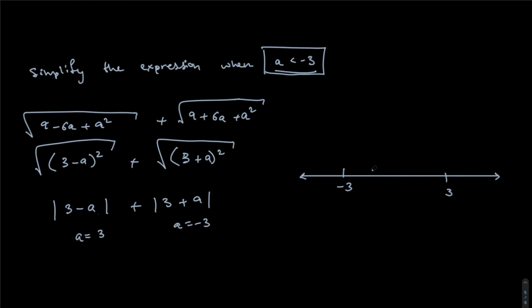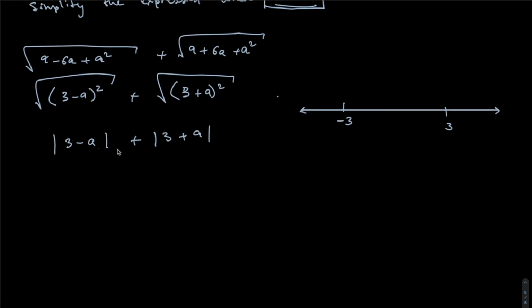Now, you can also rewrite this as a minus 3, because a minus 3 and 3 minus a are the same thing. It's like the modulus of 3 and the modulus of negative 3. They're both equal to each other. I've just changed the signs. So I'm going to write it as a minus 3 right here, and this as a plus 3, which the commutative property of addition allows me to do.